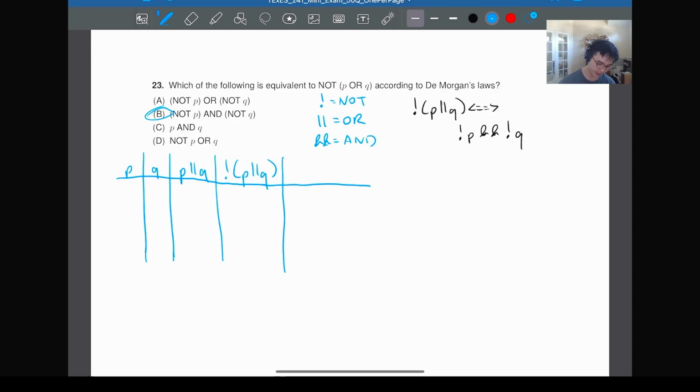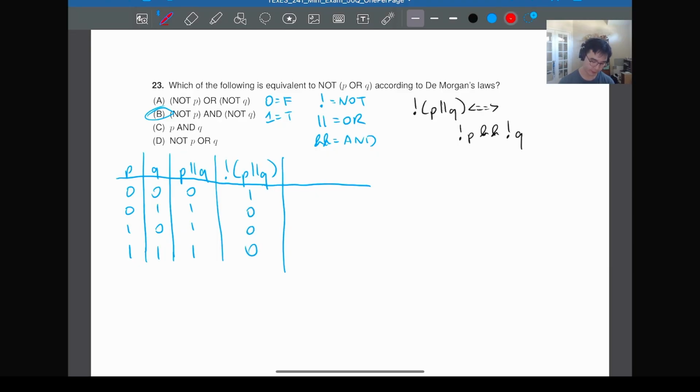Okay, I'm just going to use shorthand of 0 being false, 1 being true. So both false, 1 true, and both true. For P or Q, as long as one is 1, the result is a 1. Now we not that, we get 1, 0, 0, 0.